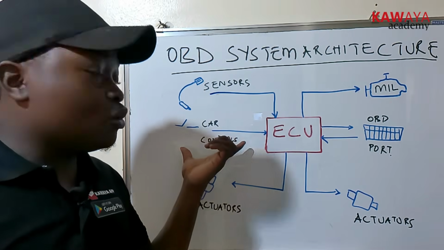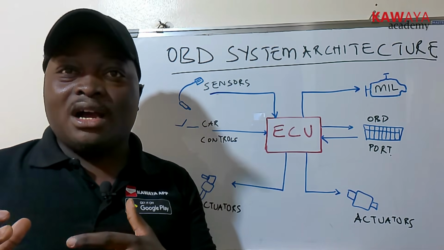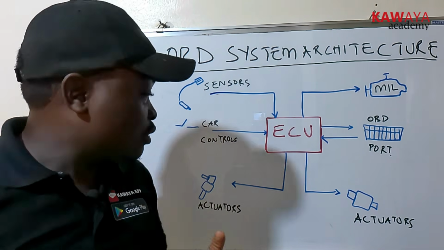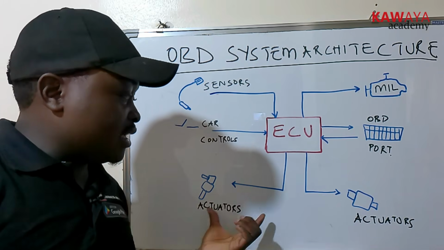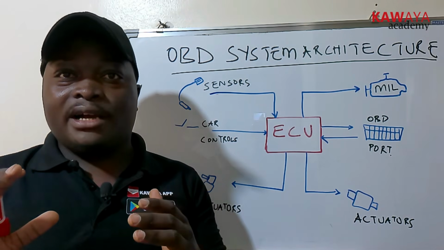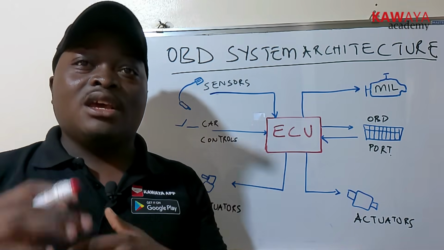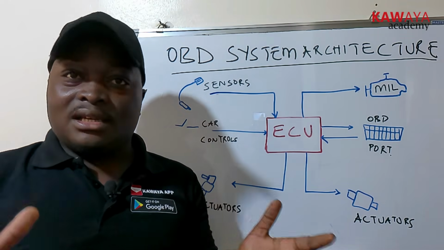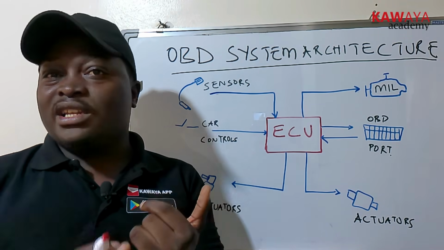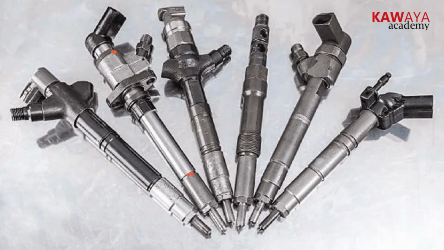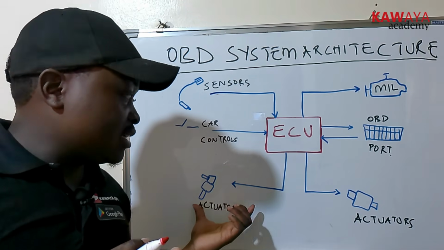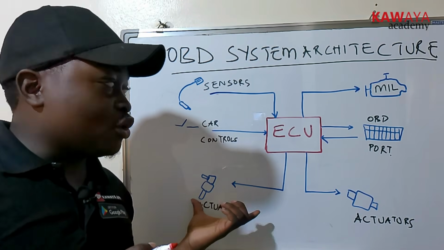We have car controls, and in controls we can have switching points and so on. We have actuators. Actuators are the physical components in the car that execute commands from the computer. Sample actuators are fuel injectors, ignition coils, and so on. These ones execute commands issued by the ECU.